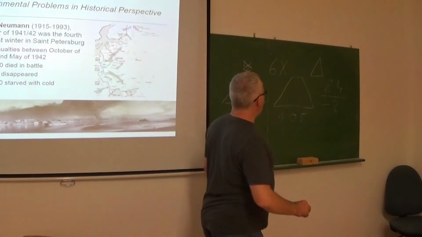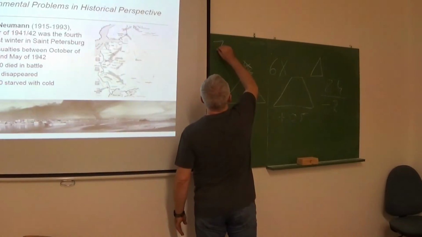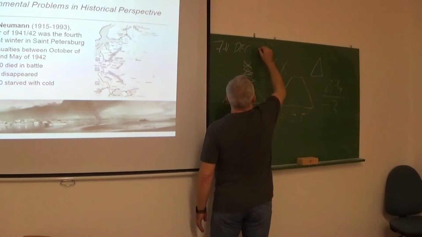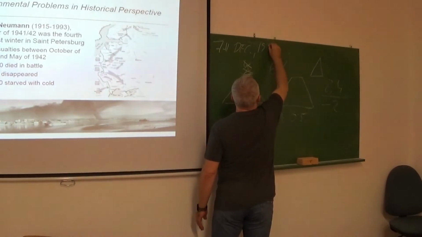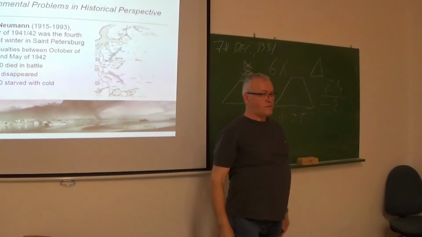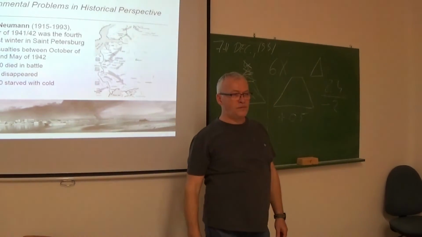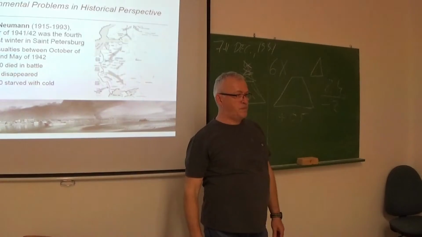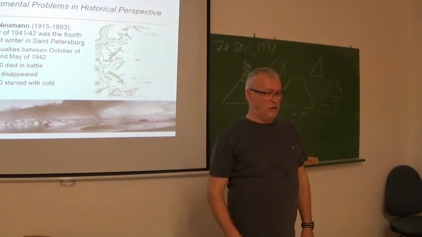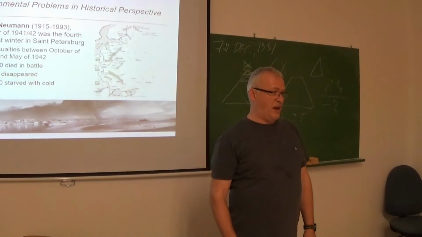Moreover, something happened on 7th December 1941. What happened? Does somebody know? Pearl Harbor. It's very important. Why? Because at the time of World War II, the majority of China was under Japanese control.